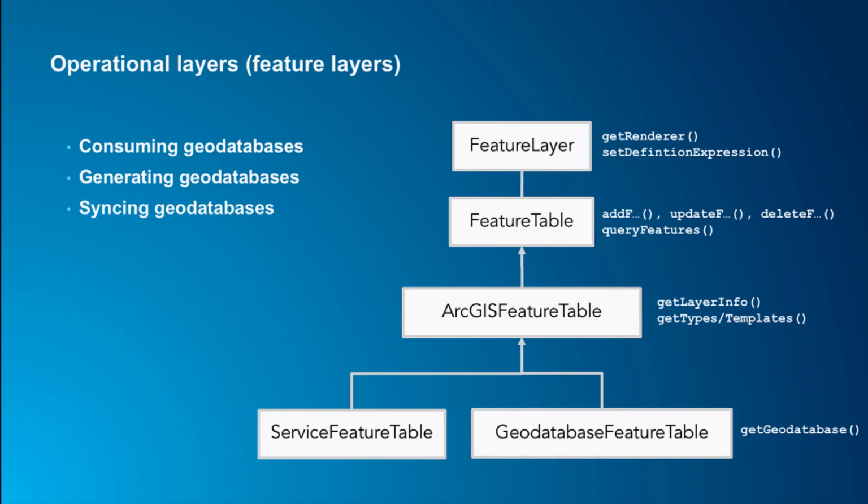If you're working with an offline geodatabase, you're working with a geodatabase feature table, but they both inherit from ArcGIS feature table, and that's really the class that you'll be using for doing the majority of your logic. Adding, updating features and querying features are all at the ArcGIS feature table level or above. So that's how you consume these geodatabases, however you've got them.